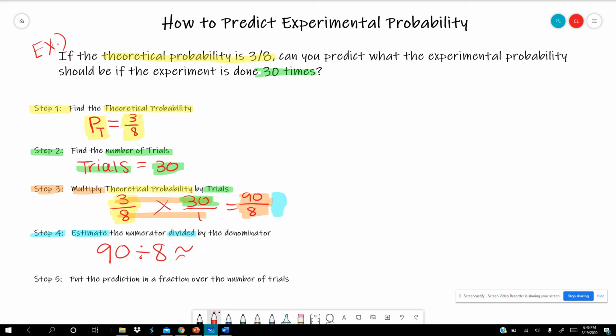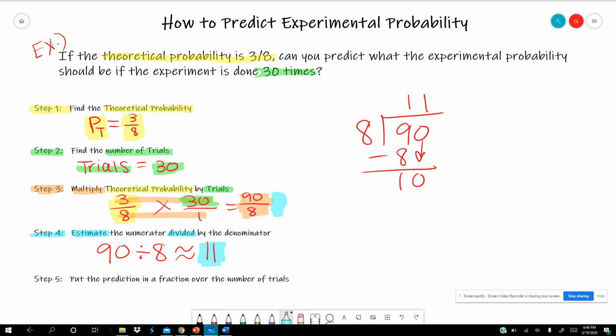We want to estimate, so I use my squiggly equal sign. On the side here, I'm going to figure out how many times 8 goes into 90. 8 goes into 9 one time. 9 minus 8 is 1, bring down that 0. 8 goes into 10 one time. Since we're estimating, we can stop there and get about 11. So our answer here is 11.